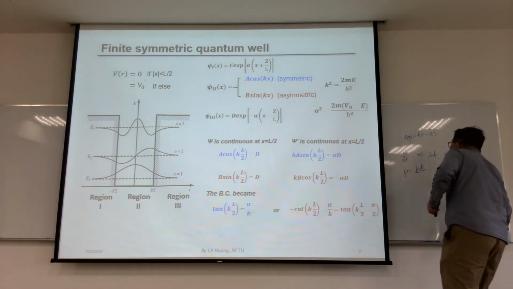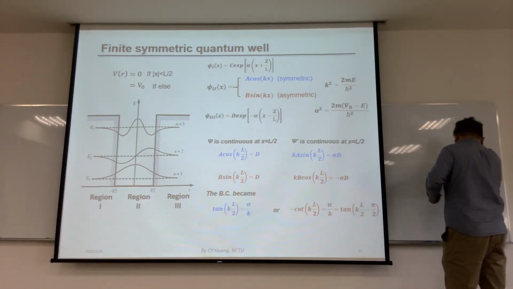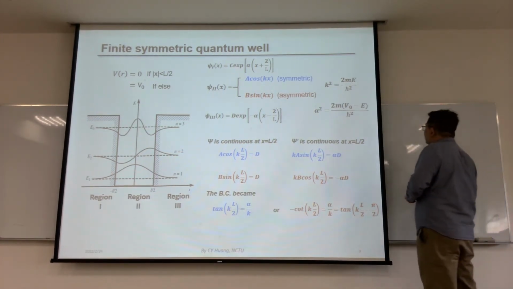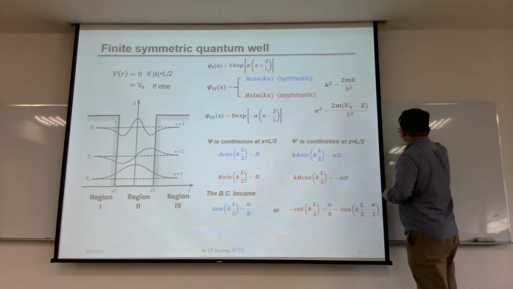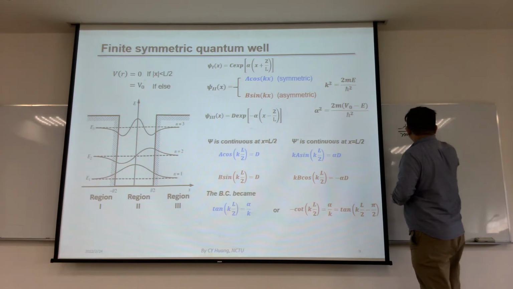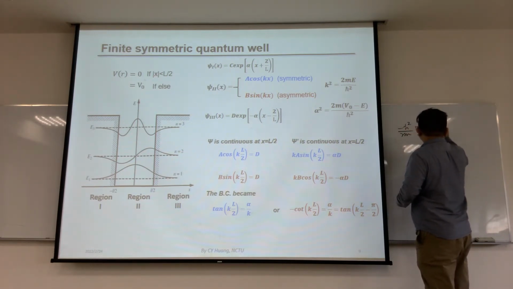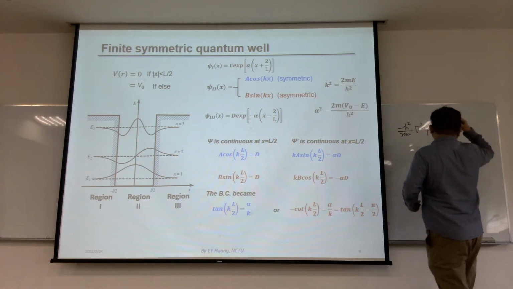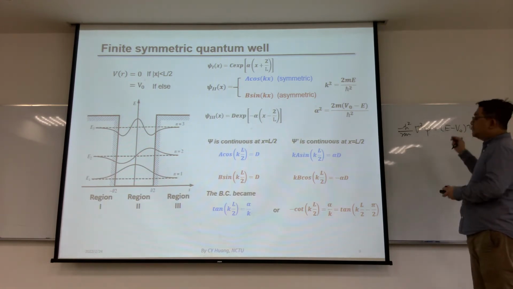So the Schrödinger equation becomes this, so it shifts to V0 here.